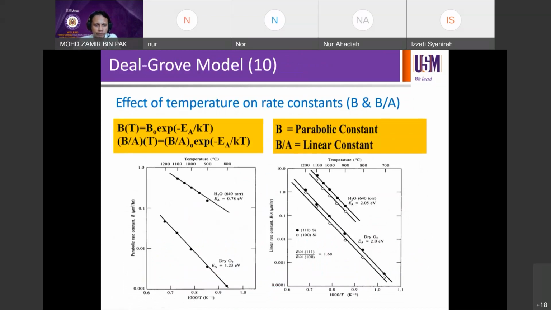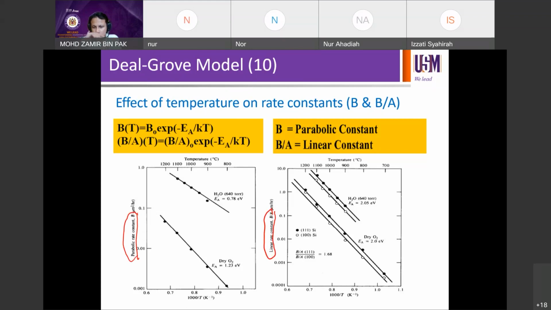The graph on the left is the parabolic rate constant B, and the one on the right is the linear rate constant B over A. So the x-axis shows the temperature, but it's inverted.